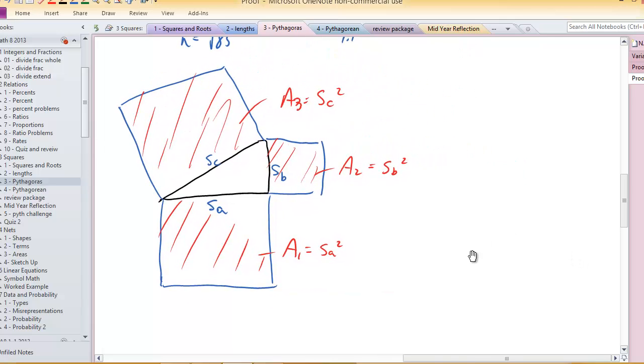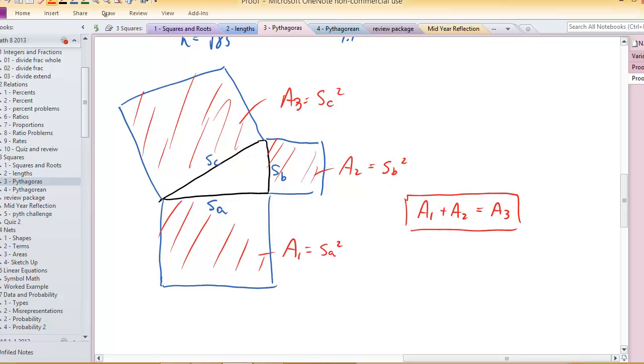What Pythagoras' theorem says is that the area of 1 plus the area of 2 is equal to the area of 3. So this is something you can always fall back onto. If you can recreate this drawing for right angle triangles, that really can help you step towards how the theorem is used.